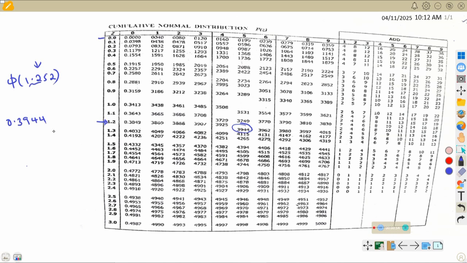Then that is 0.3944. From there, we need to add the next value, the value in the third decimal place, which should be obtained from the additional columns. So you will move like that in the additional columns where you have the value 2. So 2 is here.